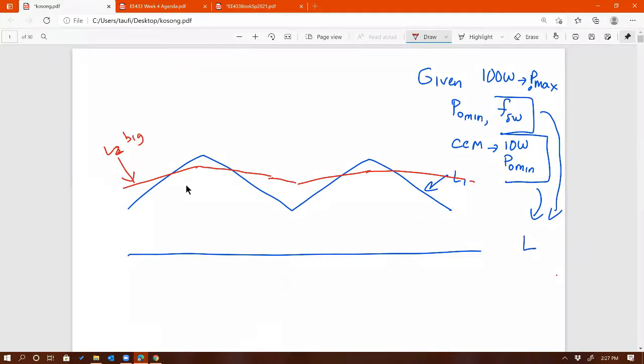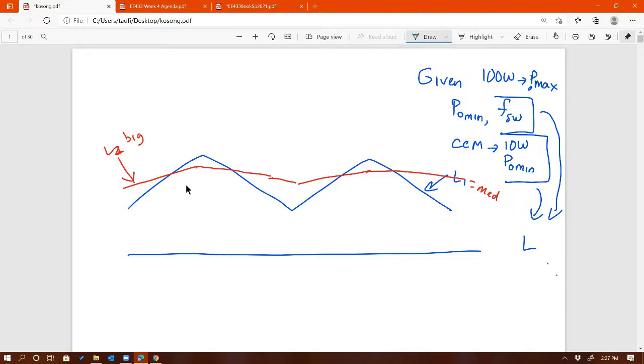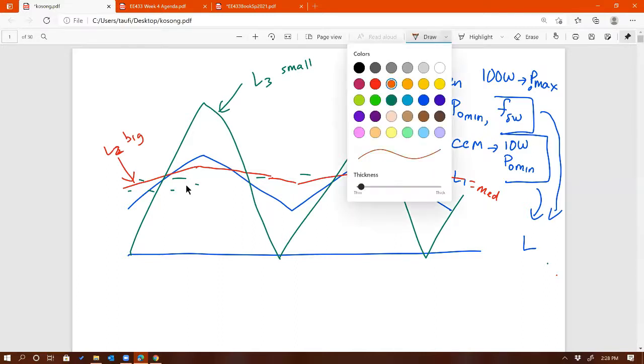Big L, so that's L2, big. L1 medium, let's call it medium size. Or I could pick a small L, small inductance, for which I get a bigger peak-to-peak inductor current ripple. So for the same amount of current there, I could end up with this peak-to-peak inductor current ripple. Okay, so this is small L, and then I could pick even smaller L. Let's say that smaller L is orange right here.